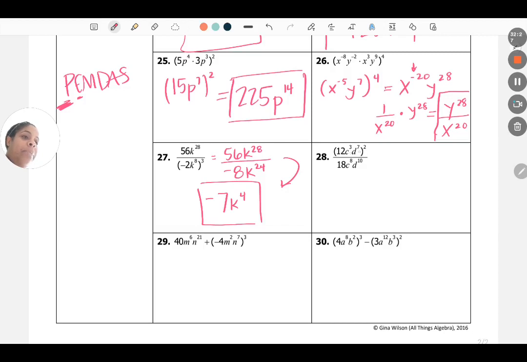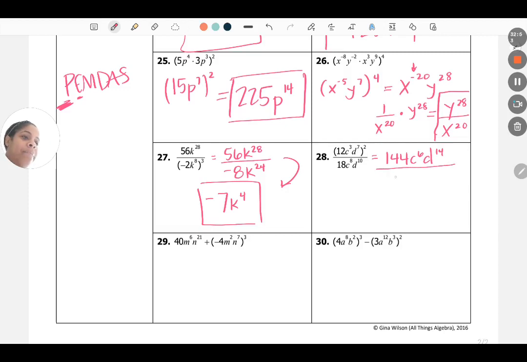We have the parentheses going on up here, so I need to rewrite this so I can see what to do. So 12 to the power of 2 is, 12 times 12 is 144. Yes, 144. And then c to the 3rd, 3 times 2 is 6. 7 times 2 is 14.